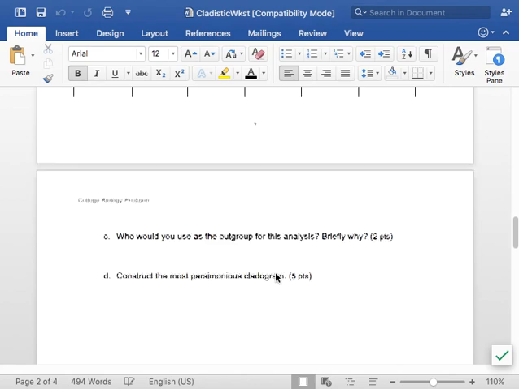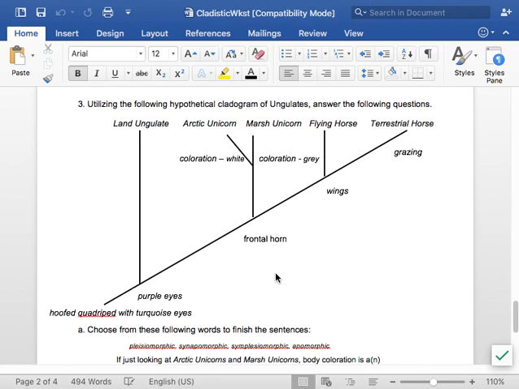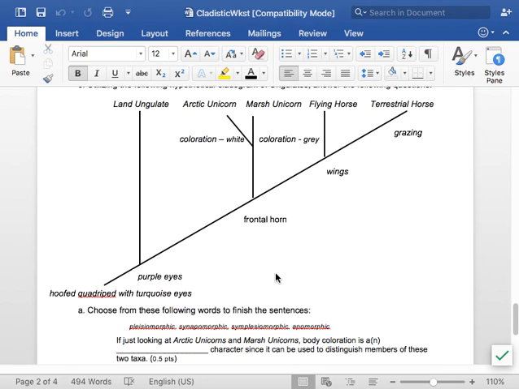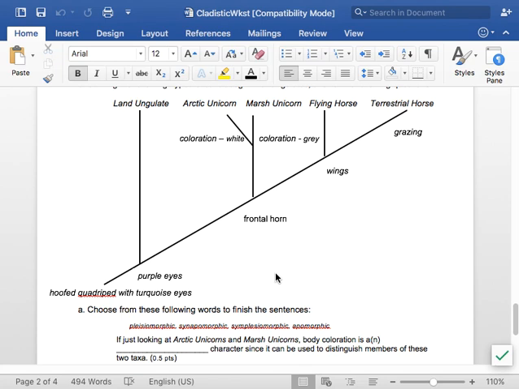The last page, I give you a cladogram about ungulates, and I include some fictional organisms on there. But you have to answer the following. It says choose the following words and finish the sentence, then B, C, and D. I ask you to draw a box around a clade and label it.